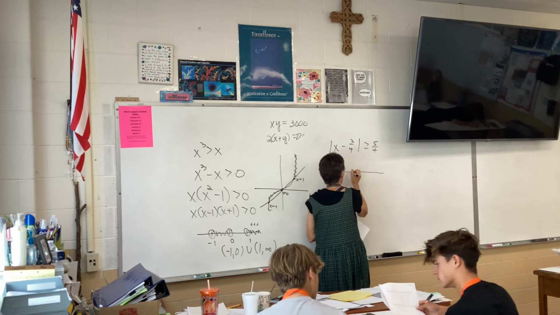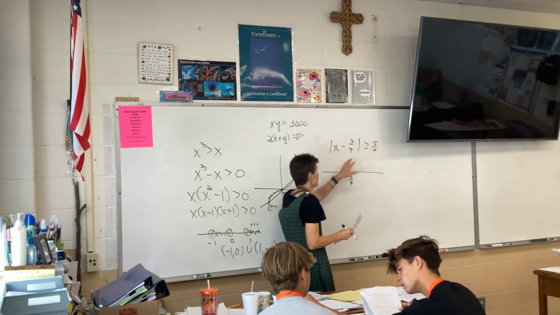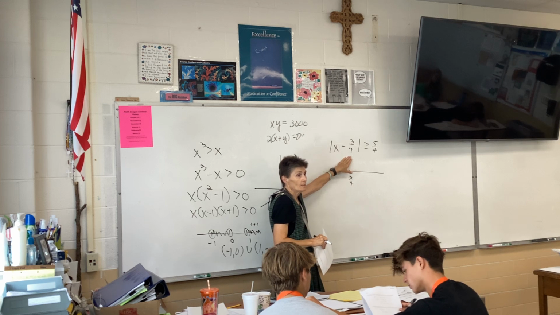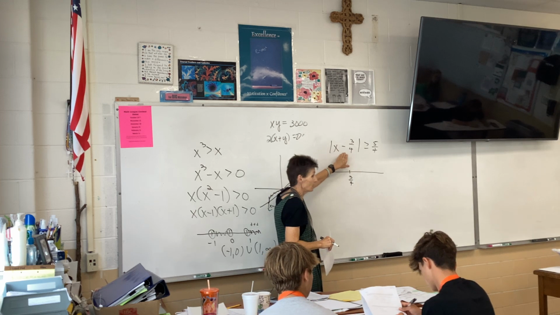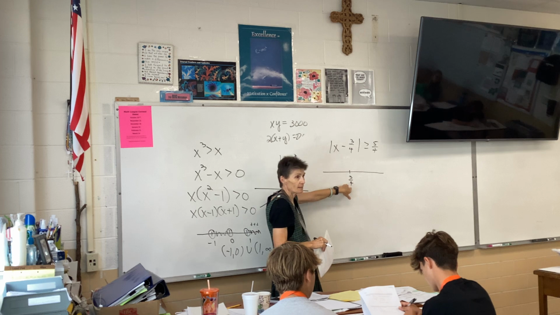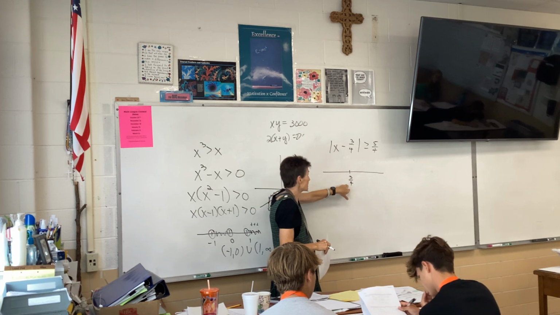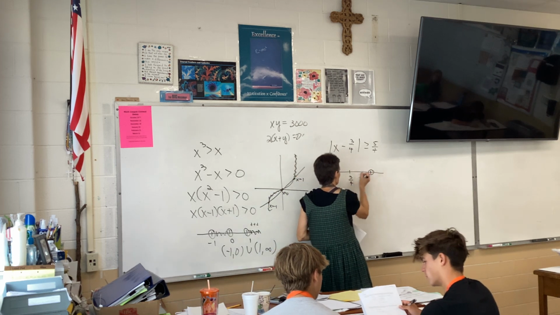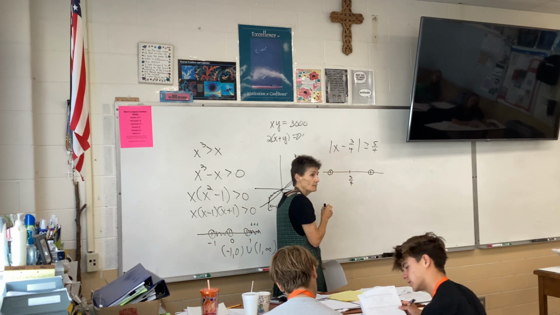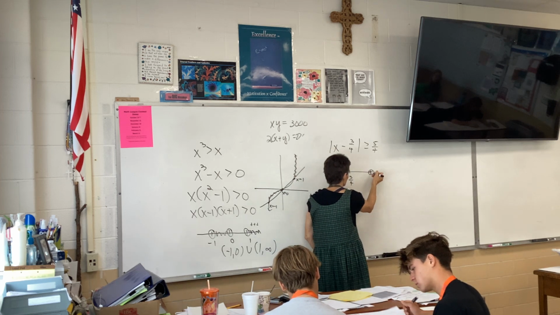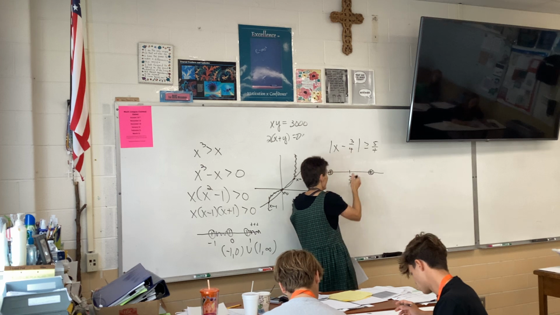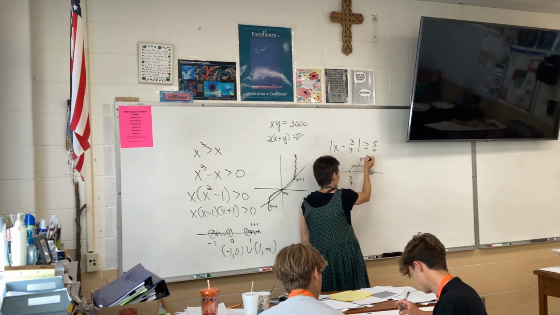So here's my number line, and right in the middle of the number line is 3/4. If that had been x plus 3/4, that would be a negative, because it's a difference. I'm going to have a dot out here and a dot out here. They're going to be solid because of that. And I'm going to go this way 5/4.